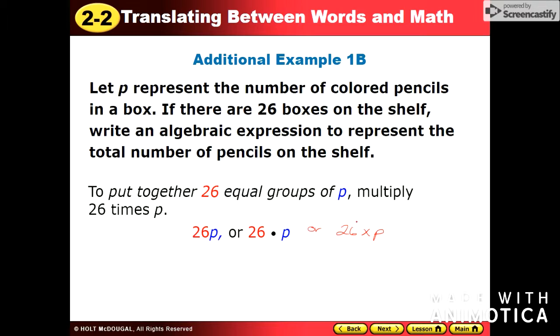So when we're using algebra, we really don't use this anymore. We prefer this method here, and that implies multiplication. So there are 26P pencils on the shelf. Well, Mr. Gillis, is that my final answer? Yes, because we don't know this information, so we just write it as 26 times P.